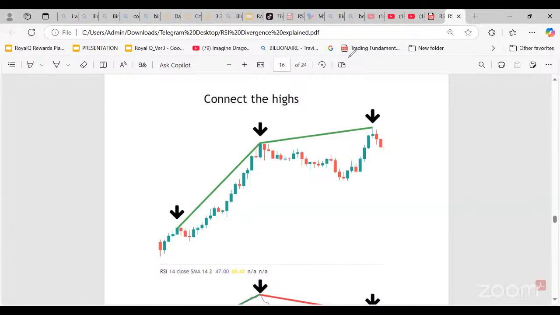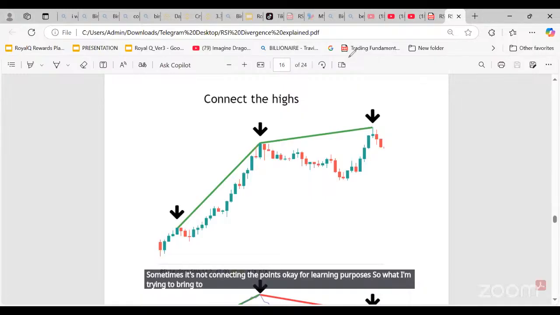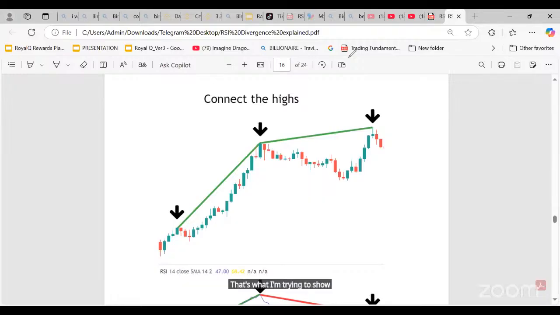So what I'm trying to bring to your understanding is that you may not need to find long downward trends that have been happening for a long time. That's what I'm trying to show on the screen. Let me even make it white. I am not looking for trends that have been going down for a longer time.